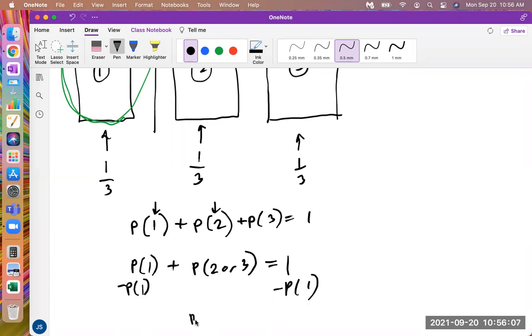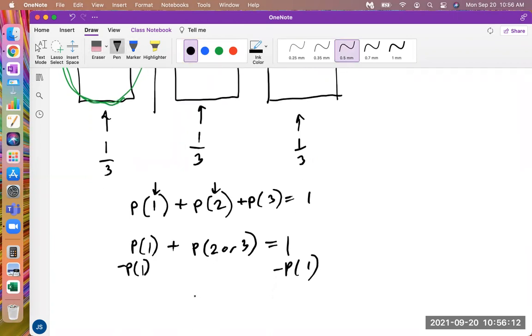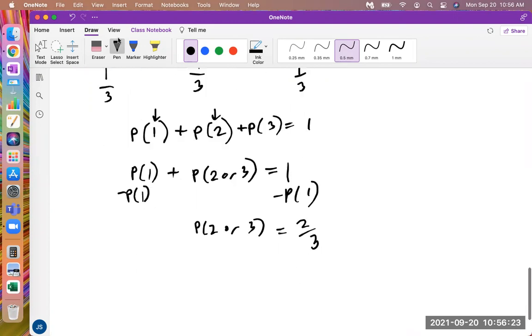And we get the probability of the car being behind door 2 or 3 is 2/3, because the probability of 1 was 1/3. I should back up a little bit. That's 1 minus the probability of 1. Well, the probability of it being behind the first door was 1/3. So the probability of it being behind door 2 or 3 is 2/3.